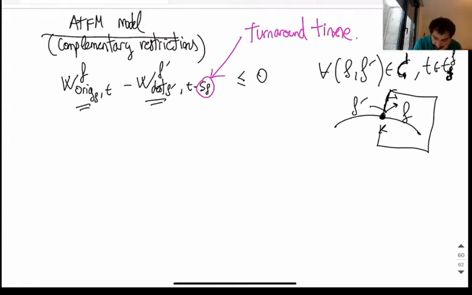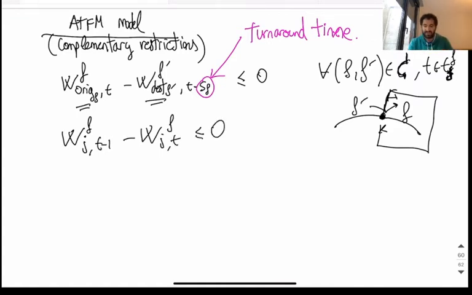The second equation is omega of a given sector J, or node J, at t minus 1 for a given flight, minus omega of the same sector or node at time t, should be lower or equal than 0, right?